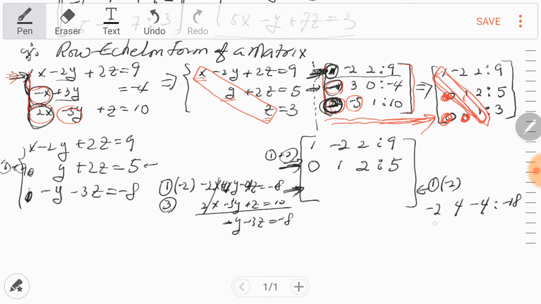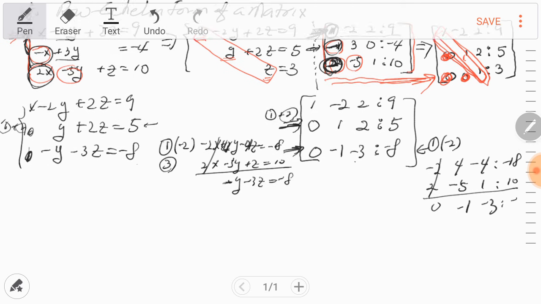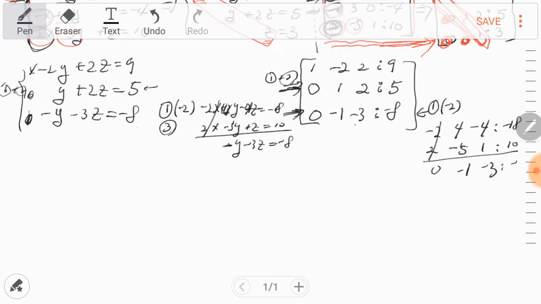Add this row to the third row. Then the first column is 0, and this is negative 1, negative 3, and negative 8. So the third row is 0, negative 1, negative 3, negative 8. Let's compare the third row and the third equation. The coefficient of x equals 0, the coefficient of y is negative 1, the coefficient of z equals negative 3, and the constant is negative 8. Still, we have the same. The system and the matrix are the same.